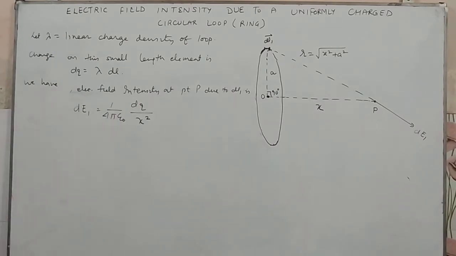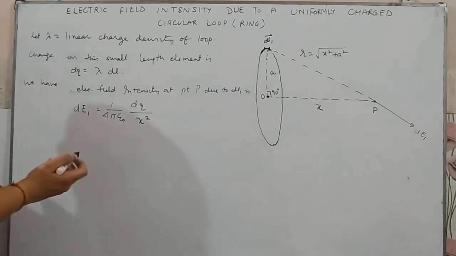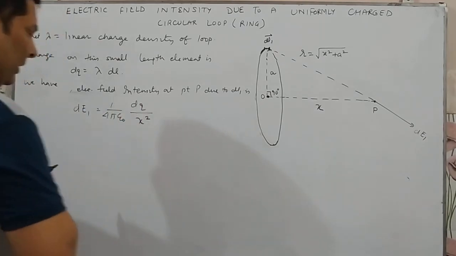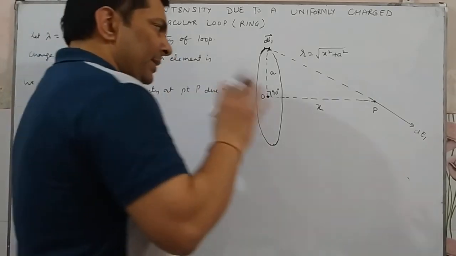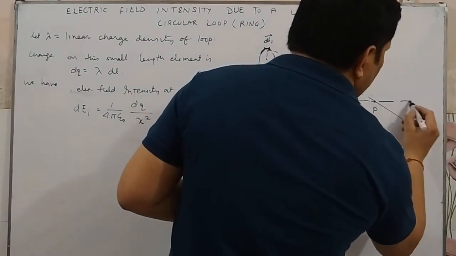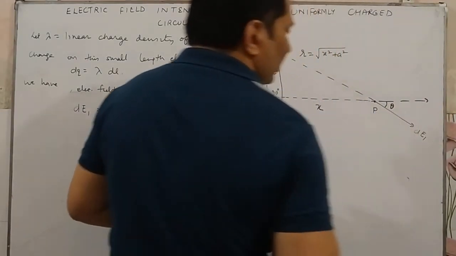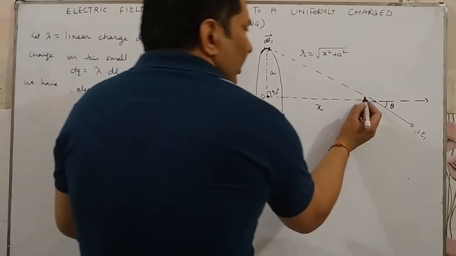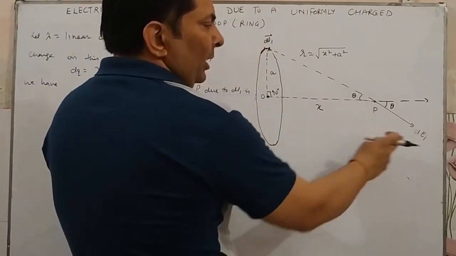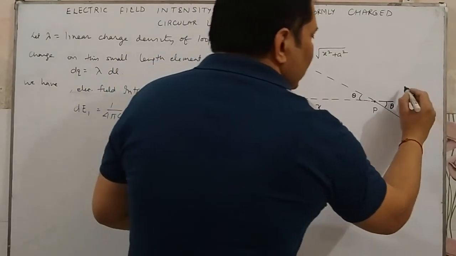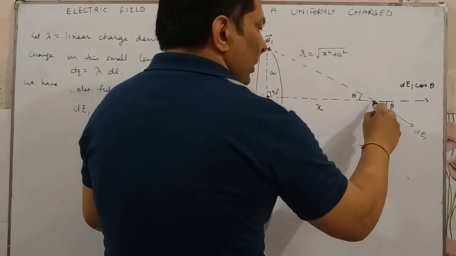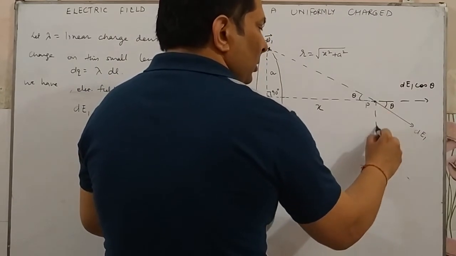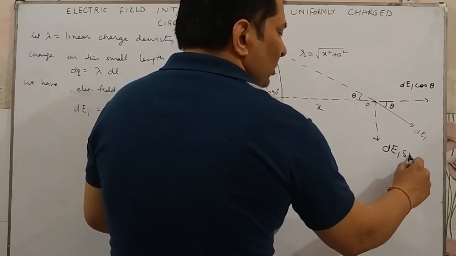Okay. So we need not put a distance right now. We simply leave it as such. Next step. Now this is dE1. Assume that this is making angle theta with the horizontal. Okay, the same angle we can take here. This is also theta. So we say dE1 makes angle theta with the horizontal. In that case, we'll have a component here dE1 cos theta, and the component along this direction is dE1 sin theta.